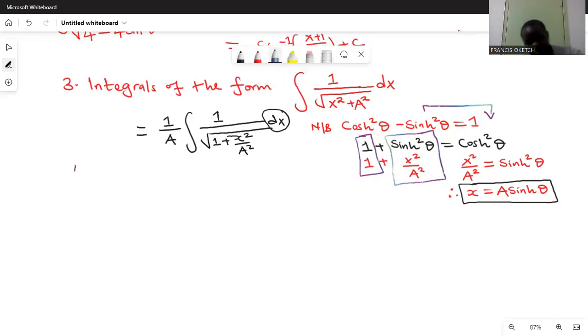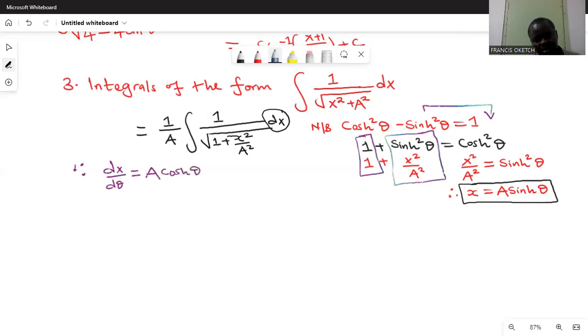You can write dx over d theta. What will it give us? Remember, a is a constant, and when you differentiate hyperbolic sine of theta, you get hyperbolic cosine of theta.